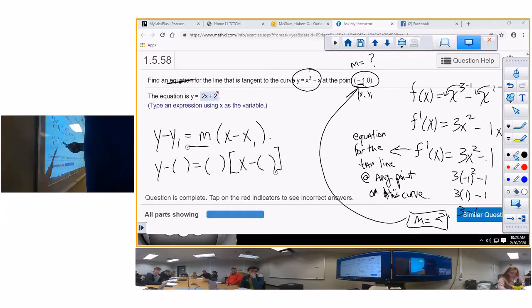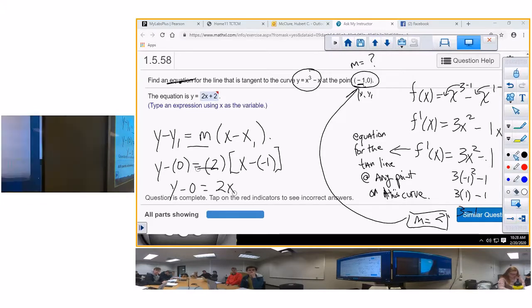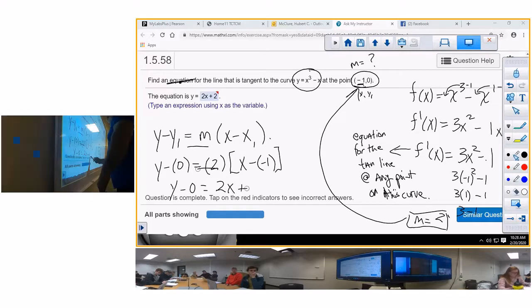And my y sub 1 is what? 0. My m is 2, and my x sub 1 is negative 1. y minus 0 is equal to 2x, and then that's a positive 1. 2 times 1 is 2. And that is what they're asking for.